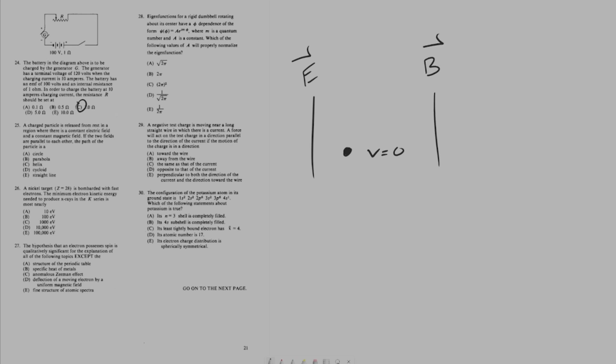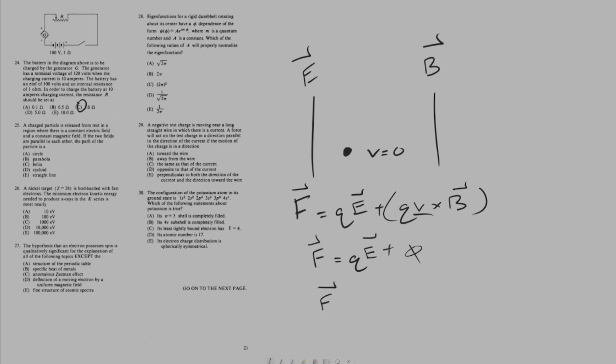So we can use the Lorentz force, F equals QE plus QV cross B. And from there, we can look at a couple things. If the velocity is 0, that just gives me QE plus 0.